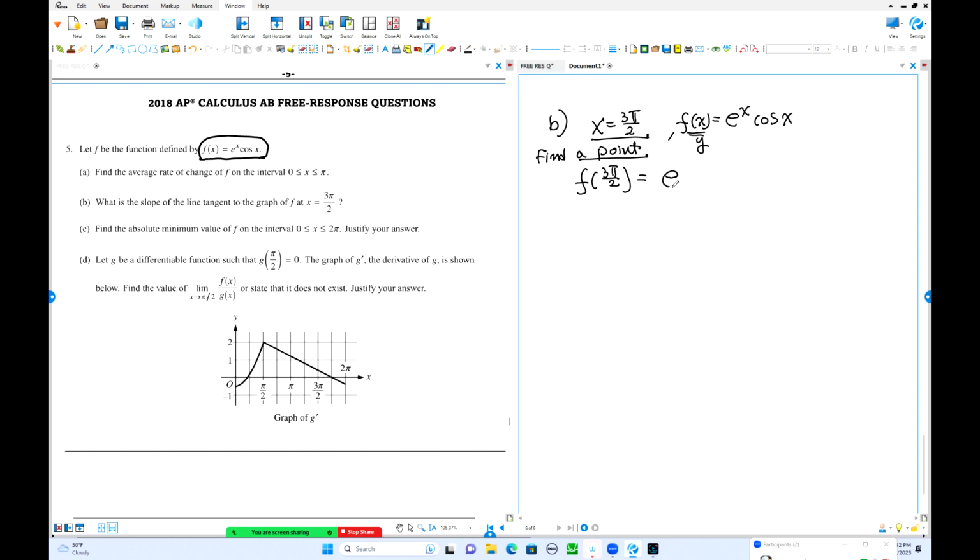Put x equals 3 pi over 2 into e to the x cosine x. Cosine 3 pi over 2, that is 270 degrees, has a cosine value of 0, right? So the point is: when x equals 3 pi over 2, y is 0. That is the point.